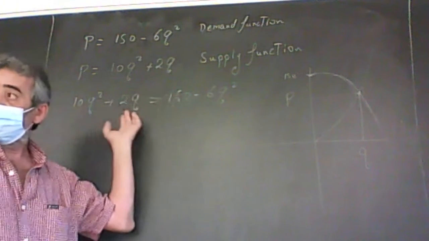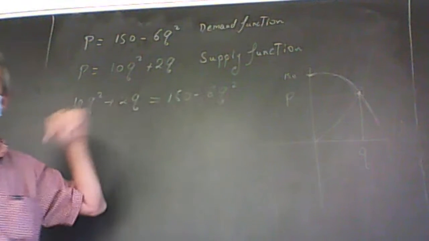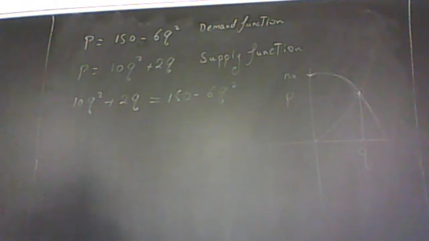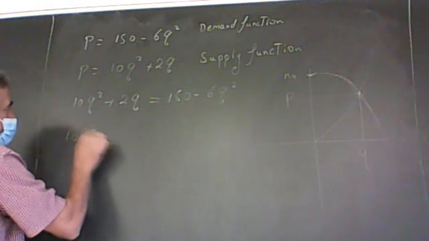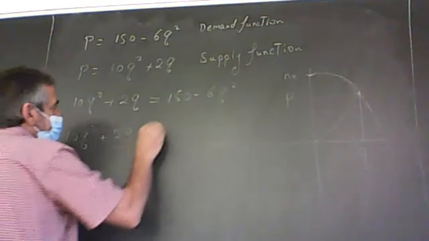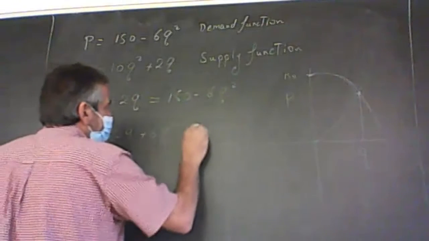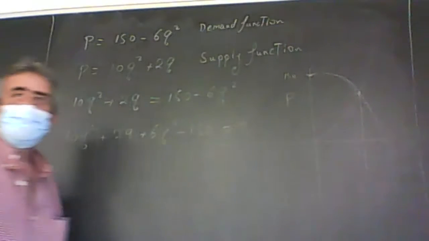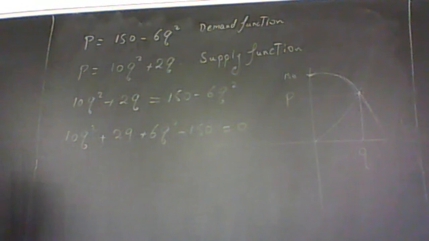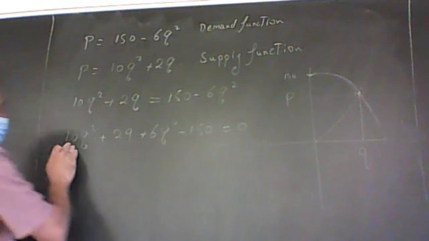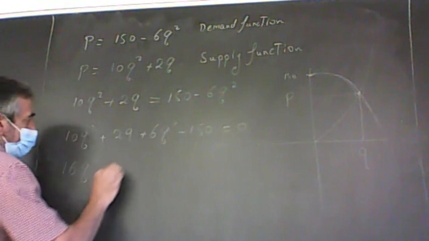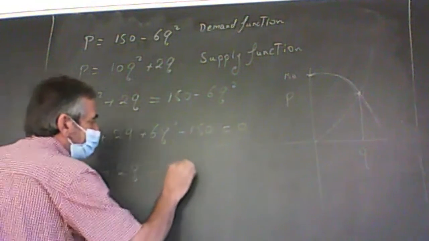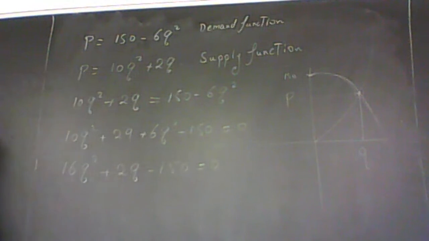To solve it, we need to move everything to one side. So we have 10q squared plus 2q plus 6q squared minus 150 equals 0. Simplifying, 10q squared plus 6q squared is 16q squared, plus 2q minus 150 equals 0.